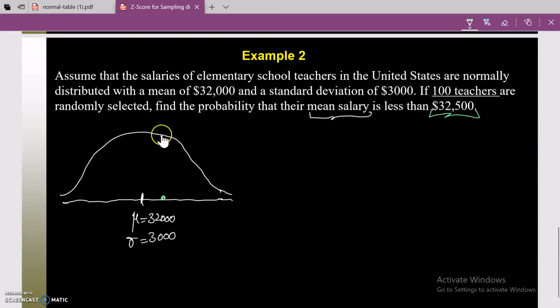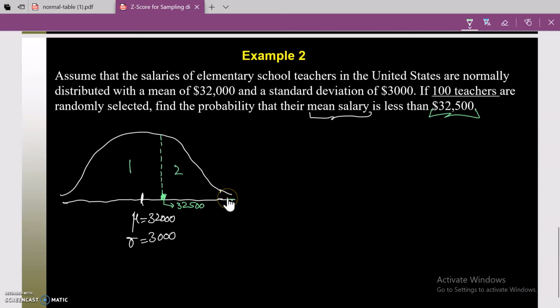Once you have located this value, you build a wall like this. By building this wall, our graph is divided into two portions, portion 1 and portion 2. Let me indicate this value. This value is 32,500.